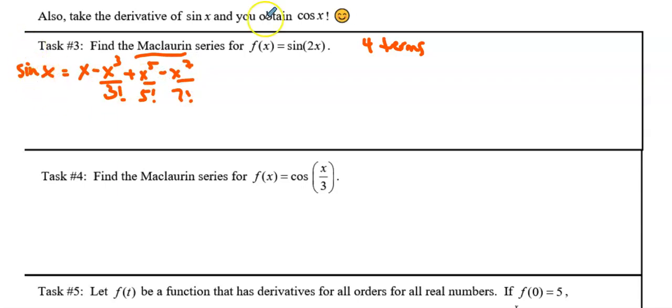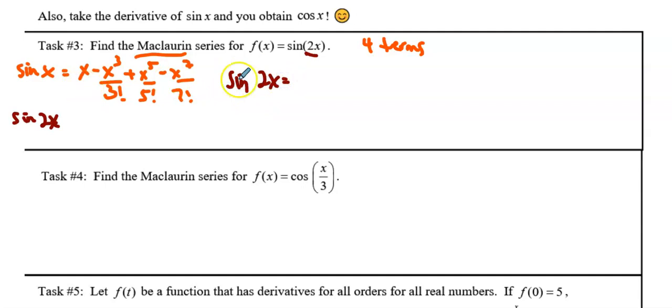Now guys, this is how simple this actually is with the sine of 2x. Everywhere you see an x, you're going to replace it with simply 2x. So I'm going to write it over here just so we have more room.